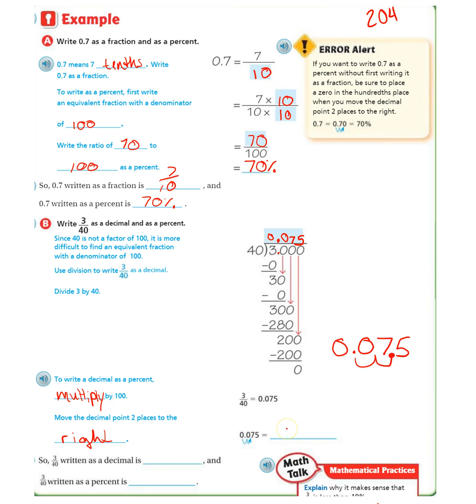That's going to be, oh, that doesn't look right there, but 7.5%. So 3/40ths written as a decimal, that was our first number, is 0.075, and as a percent it would be 7.5%.